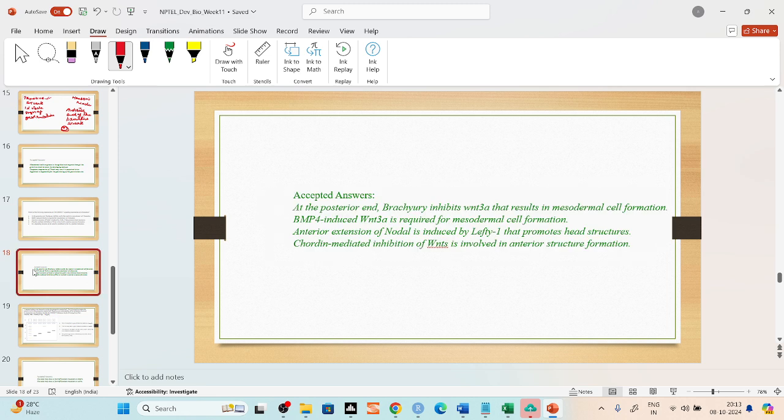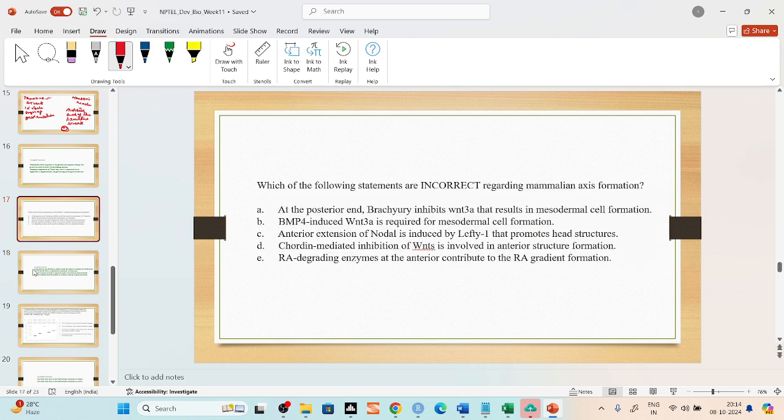At the posterior end, A: brachyury inhibits Wnt3A that results in mesodermal cell formation. B: BMP4 induced Wnt3A is required for mesodermal cell formation. C: Anterior extension of nodal is induced by lefty one that promotes head structures. And D: caudal mediated inhibition of Wnt is involved in anterior structure formation. These are the four incorrect statements according to this answer.